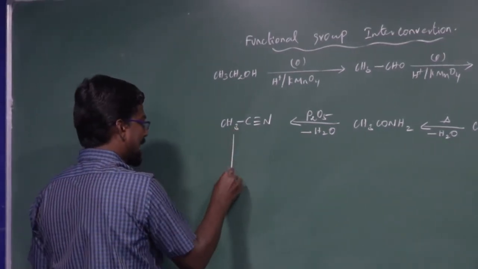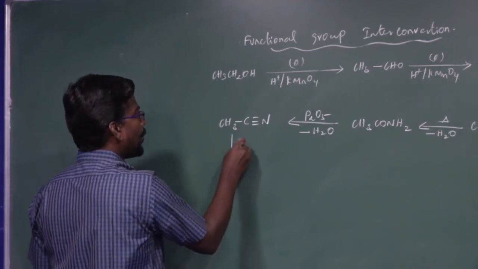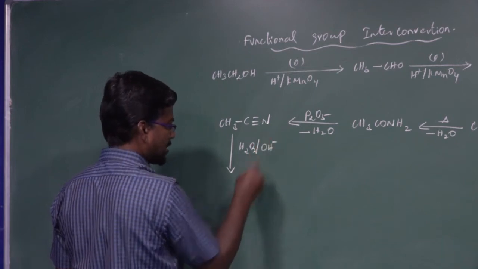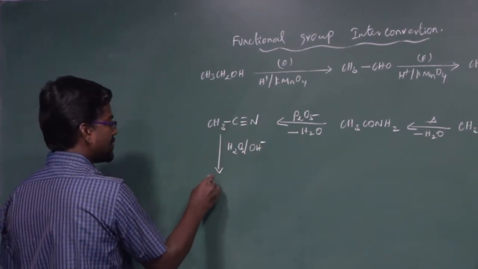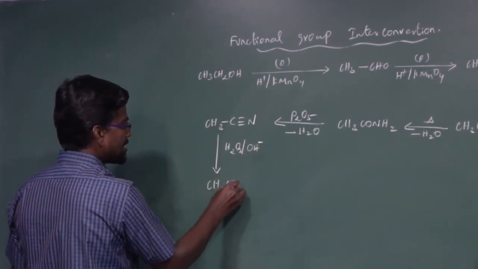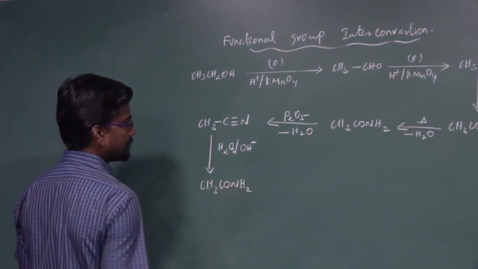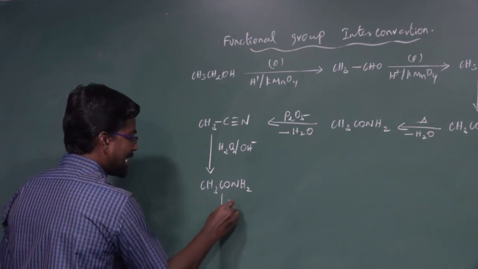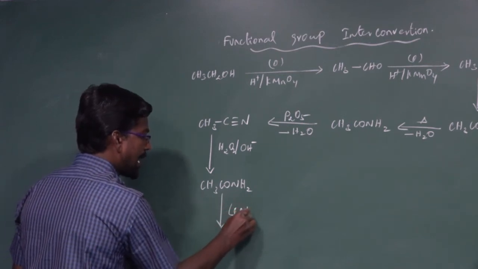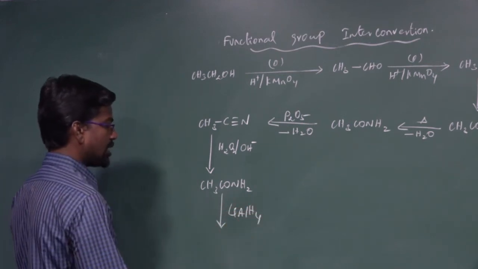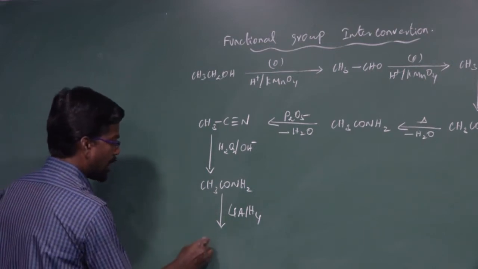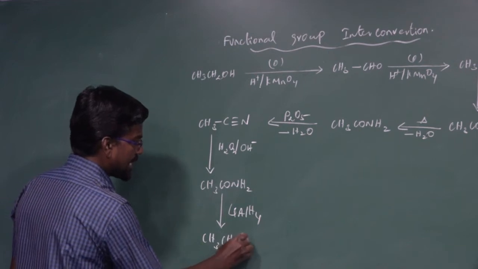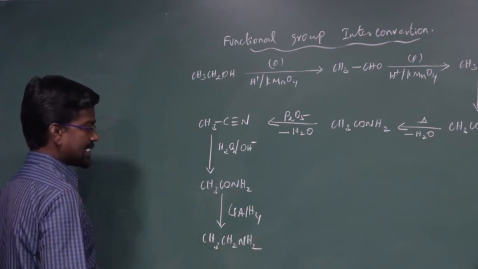Acetonitrile undergoes partial hydrolysis with H2O2 and OH minus. Partial hydrolysis gives CH3CONH2, amide. The amide further reacts with lithium aluminum hydride to form CH3CH2NH2.